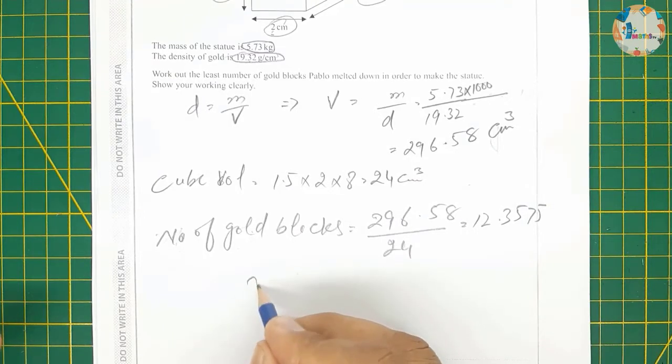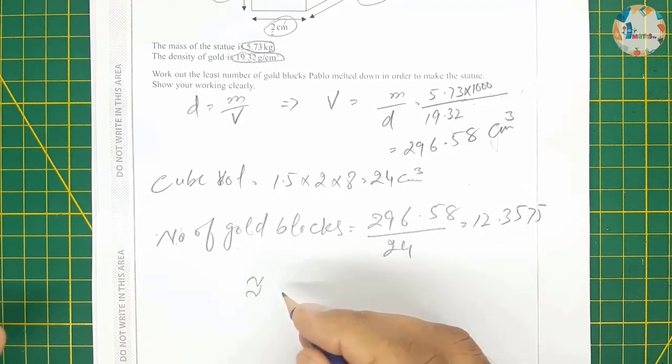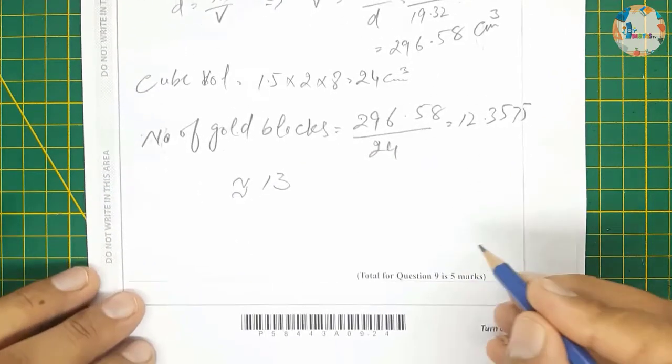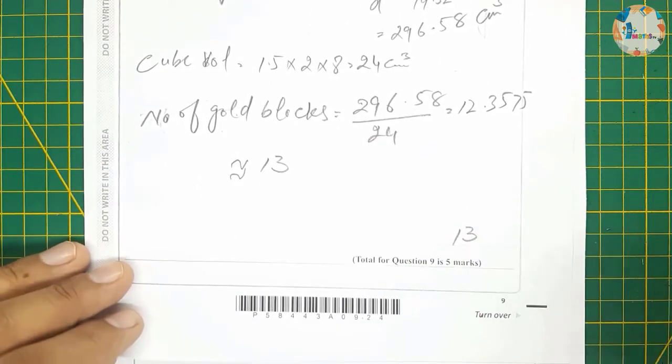We can write this as approximately 13, so 13 blocks. 13 will be our answer. Hopefully you understood this question.